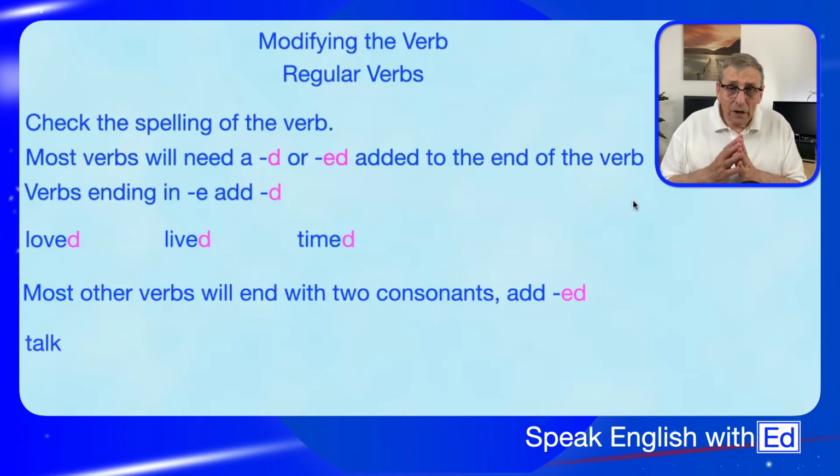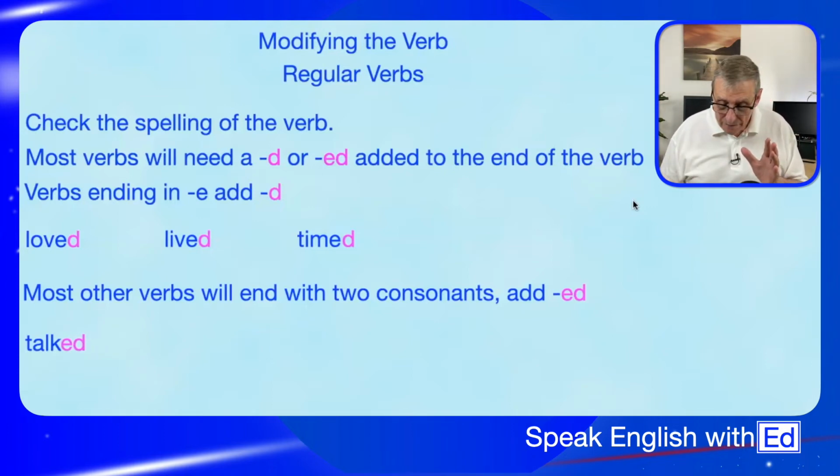So talk. Talk is a verb that ends with two consonants, L and K. T-A-L-K. So it ends in LK. Two consonants, we add ED. Put them together and we've got talked.